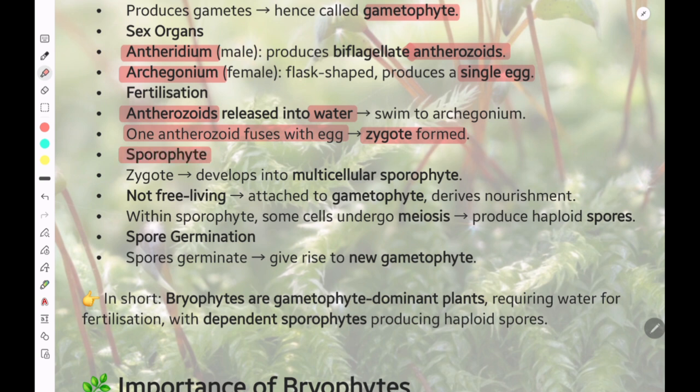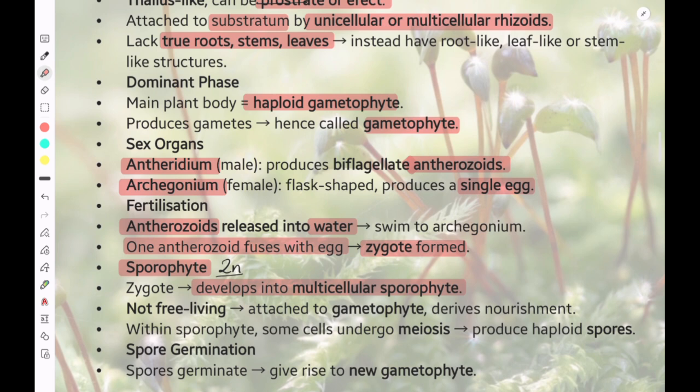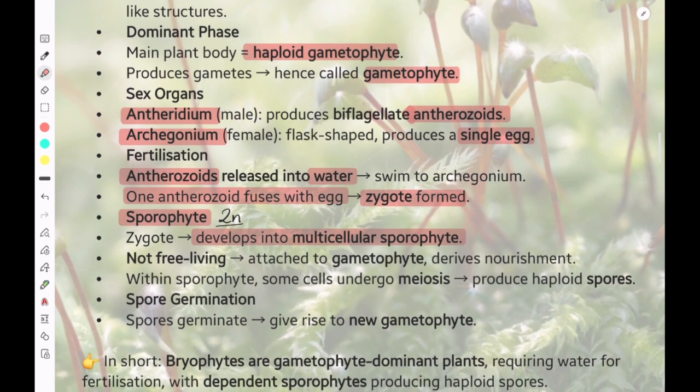The sporophyte is a diploid body which develops from the zygote into a multicellular sporophyte. In the background you can see a picture of bryophytes, particularly mosses, a magnified image of mosses.